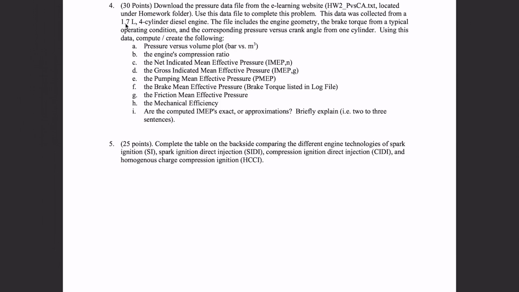There can be some differences among each cylinder, where some cylinders will have higher or lower displacements. And so this 1.7 liters that you see here, that's a rough estimate of the total displacement of the engine. And if you divide it by the number of cylinders, you're only getting an average displacement of each individual cylinder, not the actual displacement of each individual cylinder.